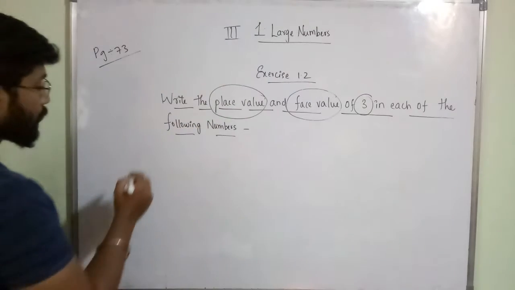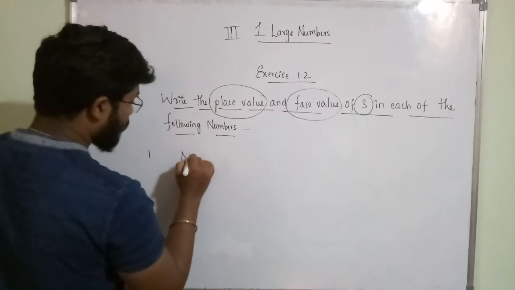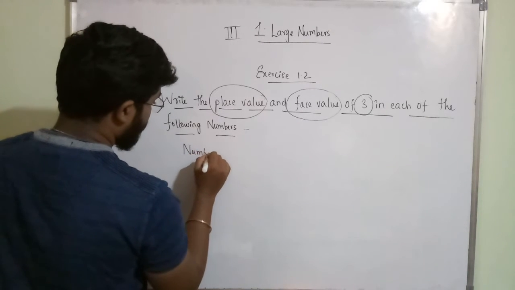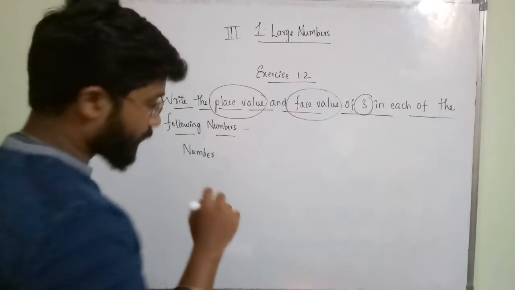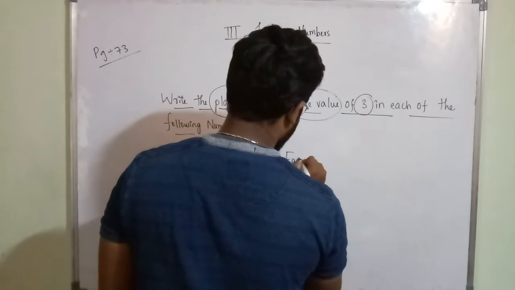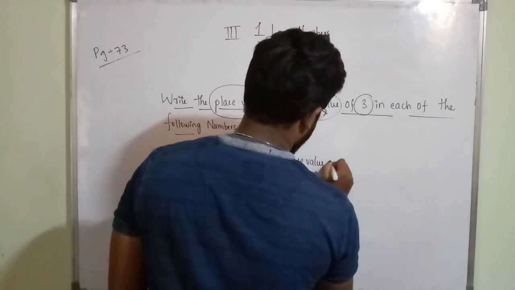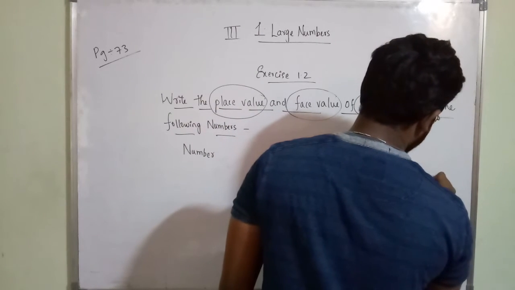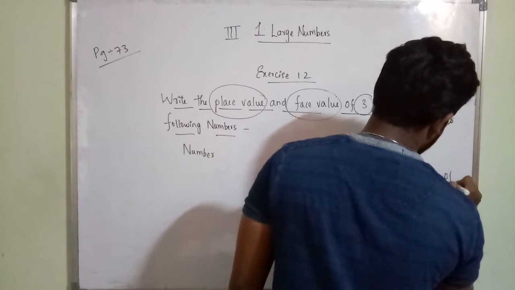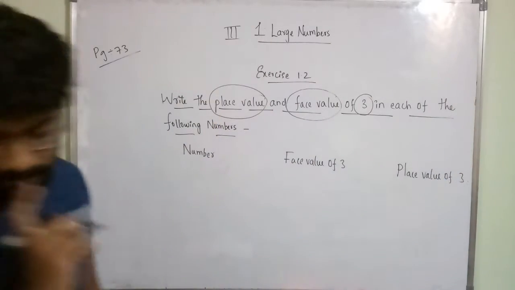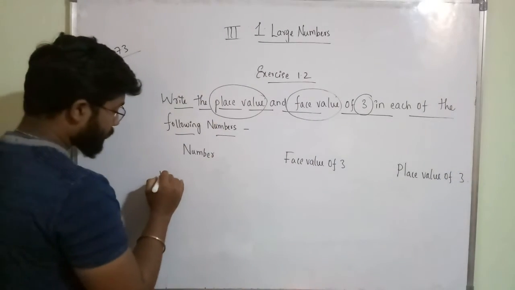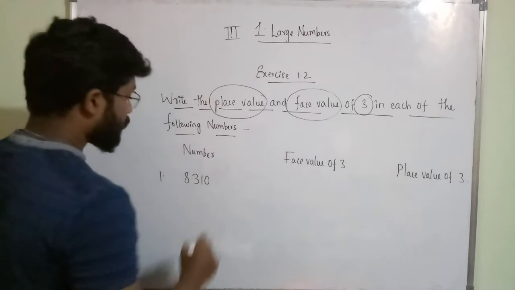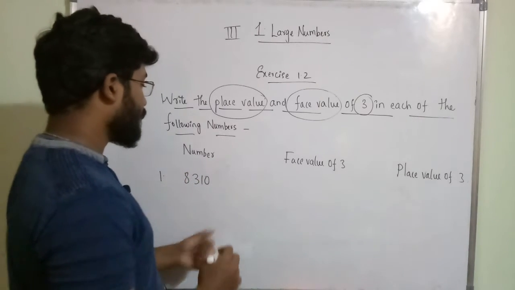Okay, so he has given the first number. What is that number? Okay, next one is face value of 3. Next one is place value of 3. Clear? So the first one is 8310.